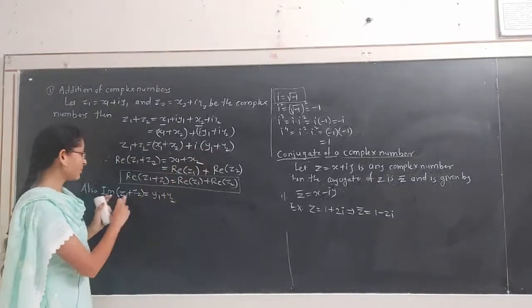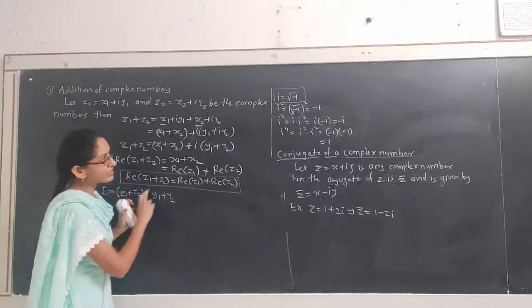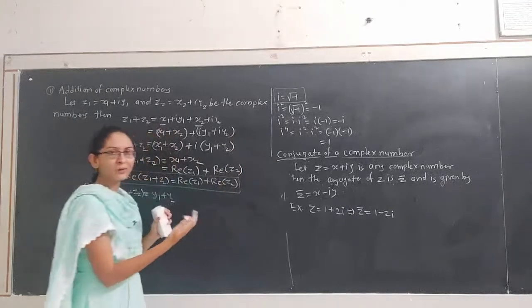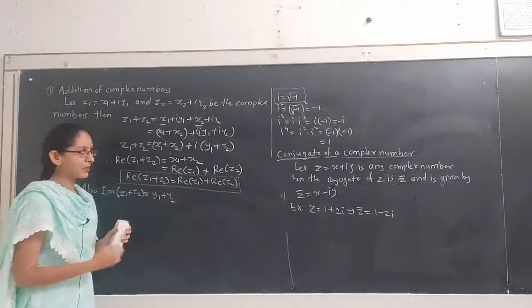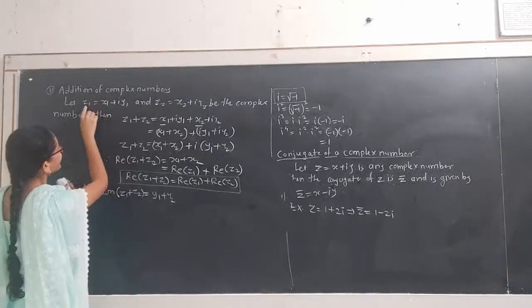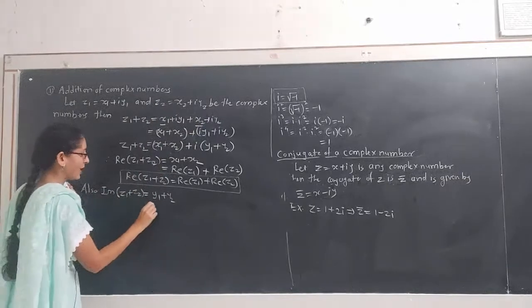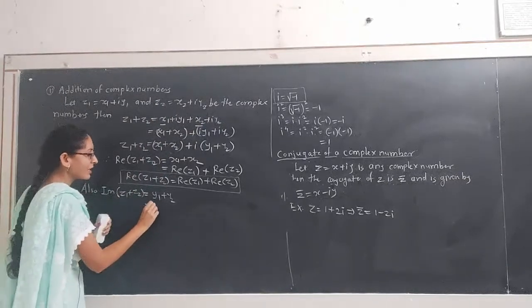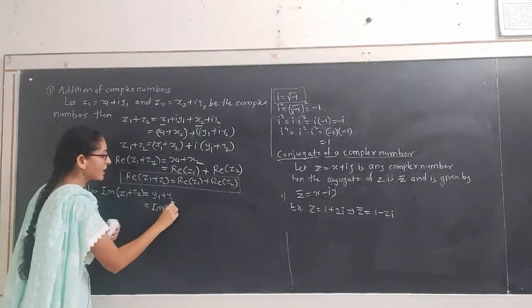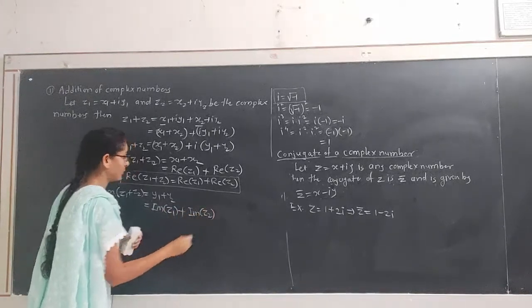The imaginary part of z1 plus z2 does not include the i value because it is fixed, the square root of minus 1. We are only considering its multiple, which is y1 plus y2. y1 is the imaginary part of z1 and y2 is the imaginary part of z2. Hence we write here y1 is the imaginary part of z1 plus y2 is the imaginary part of z2.